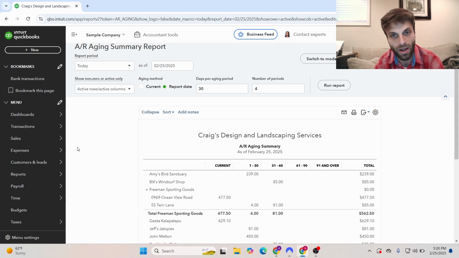You don't have to worry about breaking your own business's QuickBooks page, and you can look around. You can change things. You can make your own reports here and practice your own bookkeeping if you like.